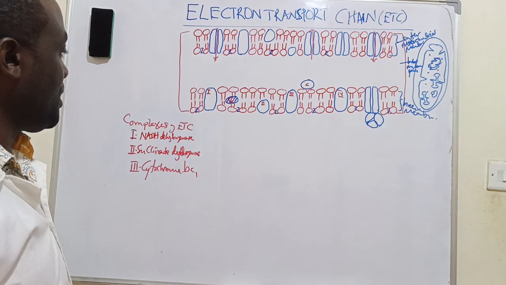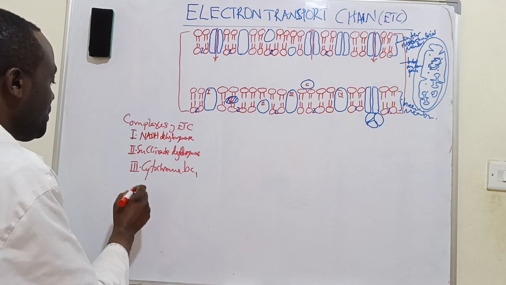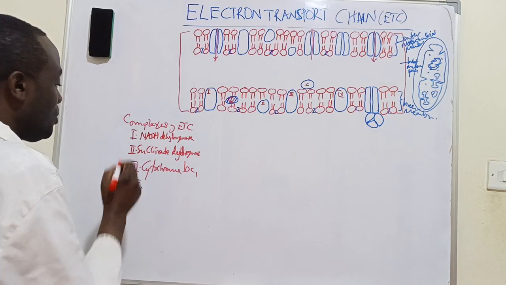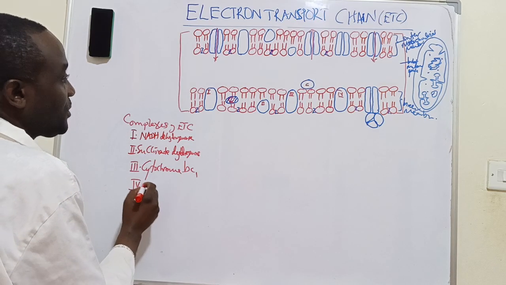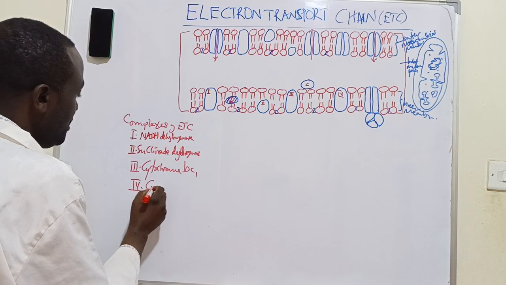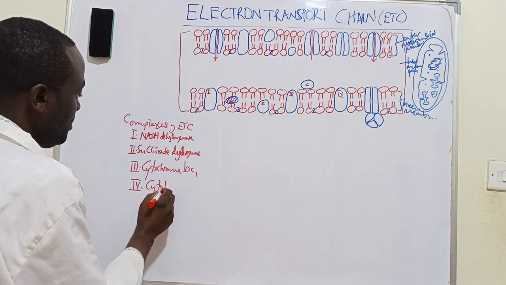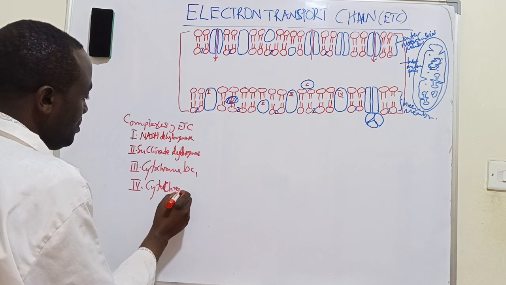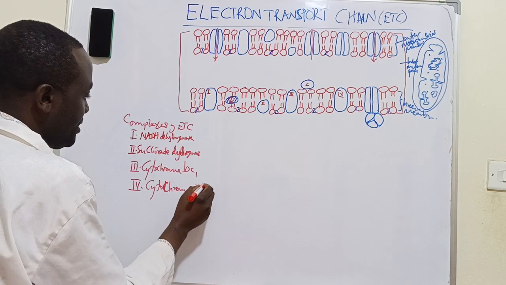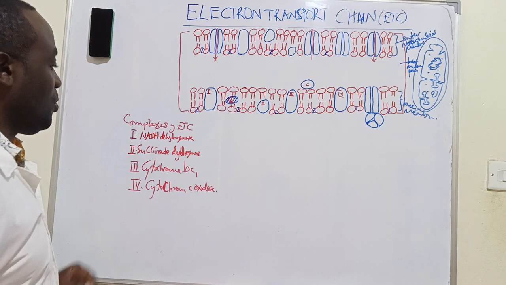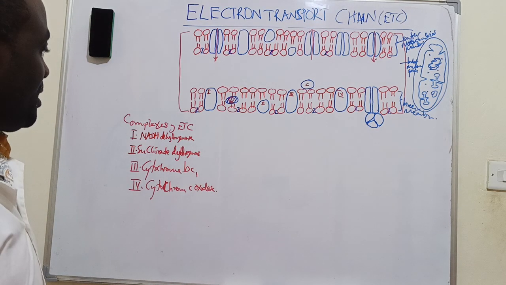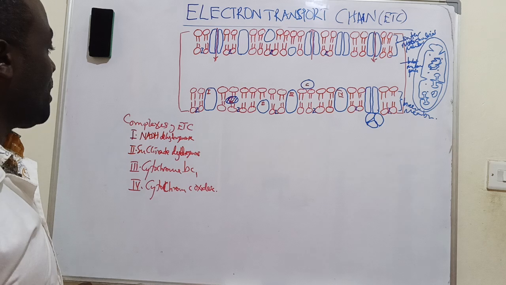That is complex 3. Complex 4 is called cytochrome C oxidase. Cytochrome C oxidase. This is cytochrome BC1.